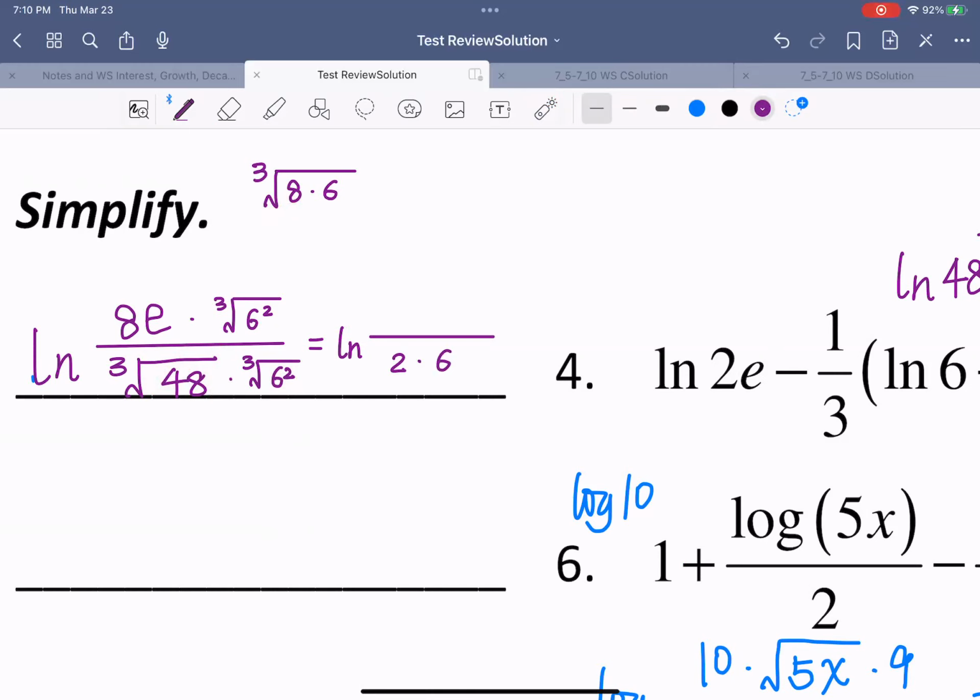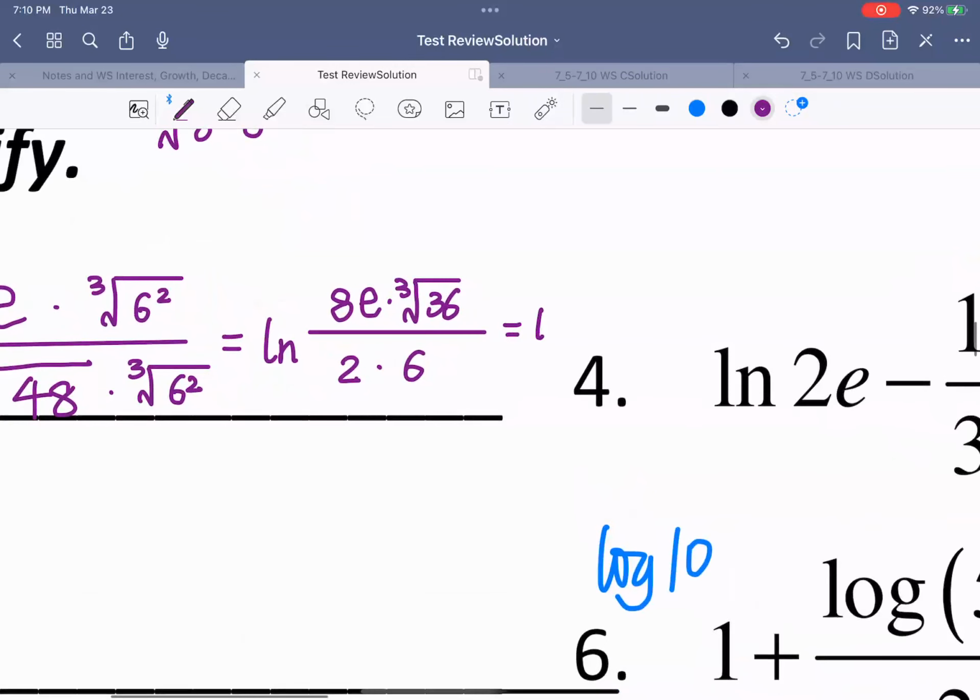So the bottom is this, and the top is 8e, cubic root of 36. One more step. 8 canceled. So this is 2, so this is 3. This divided by 4 is 2. So it's going to be 2e times the cubic root of 36 over 3.